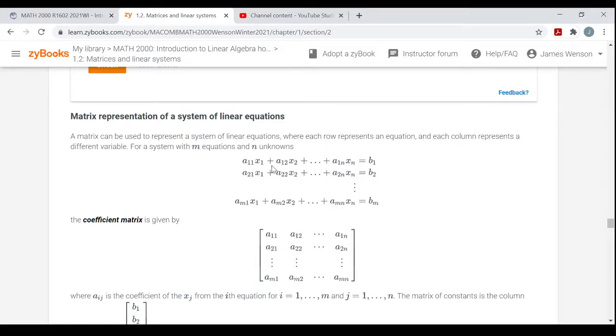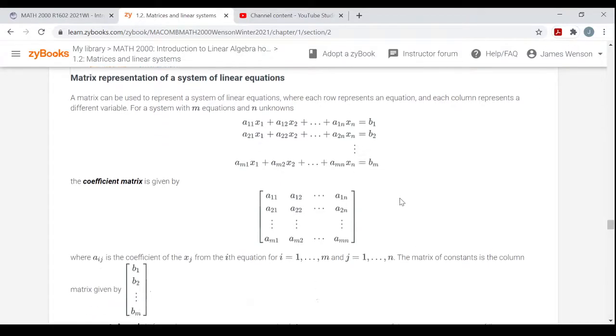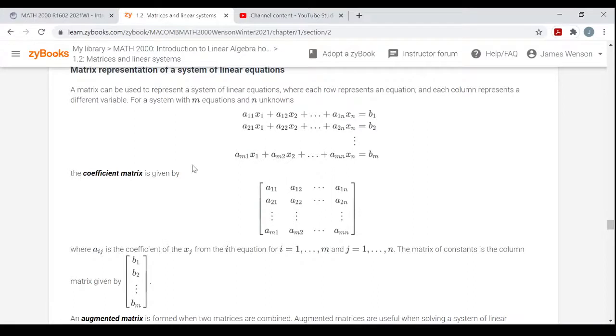So we saw last section what a system of linear equations looks like in n variables. If you write them in this form, the form that a linear system took in the last section, you'll see that all the x1 terms are lined up, all the x2 terms are lined up, all the xn variable terms are lined up.